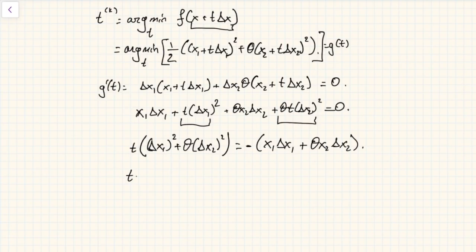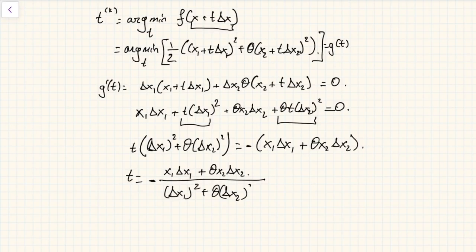So your t is minus, it's a closed form solution, there it is, a function of x_k and Δx_k. K stands for the kth iteration, so at each iteration you need to compute t according to this closed form expression: minus (x1 Δx1 plus theta x2 Δx2) over (Δx1 squared plus theta Δx2 squared).